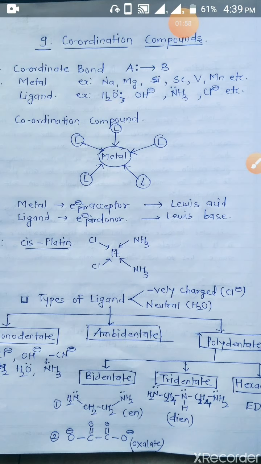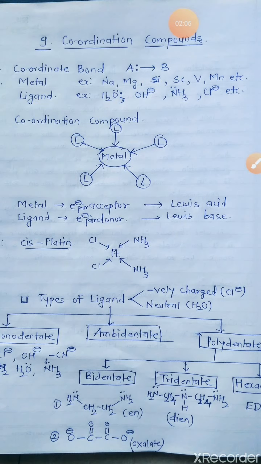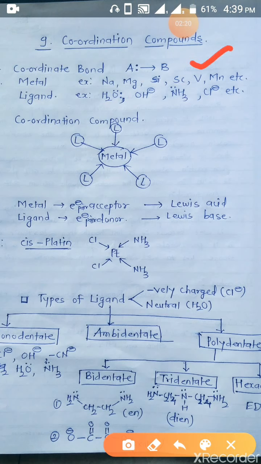But here the sodium and magnesium compounds have no relation with our chapter coordination compounds, but the elements like scandium, vanadium, manganese, like D block elements, they are related to the coordination compounds.